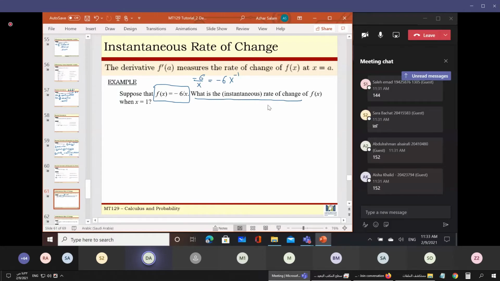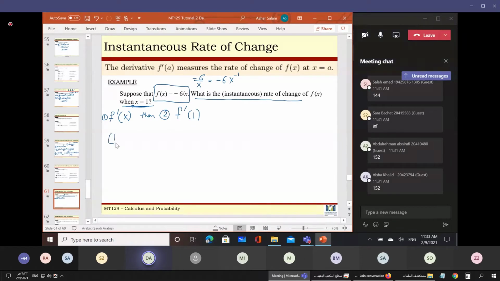Instead of all this wording, I will just find f dash of x. This is the first step. Then the second step, substitute with the given value, x equals 1. So f dash at x equals 1.